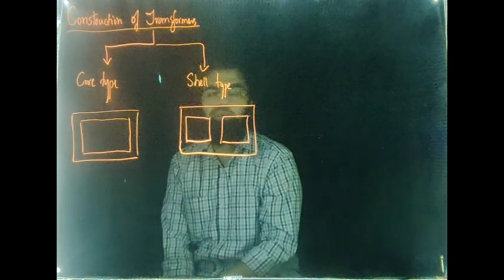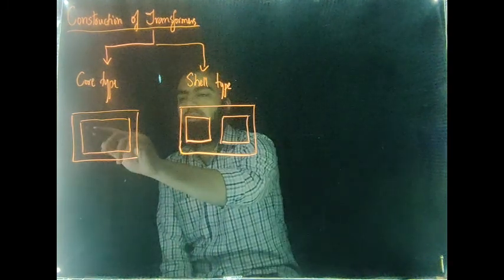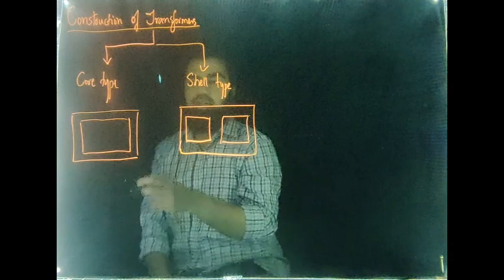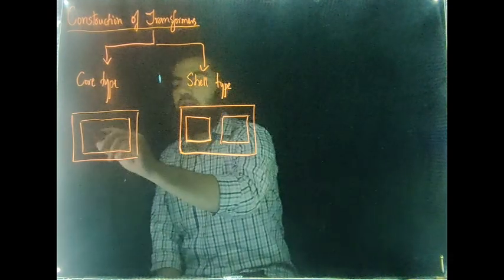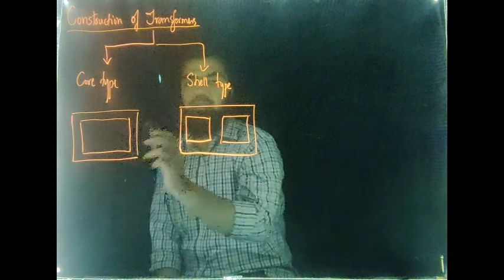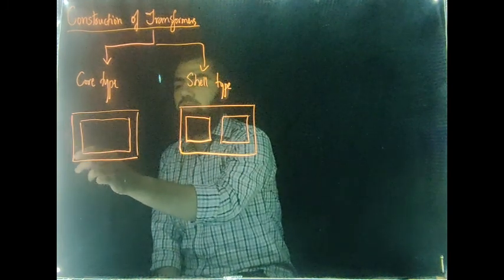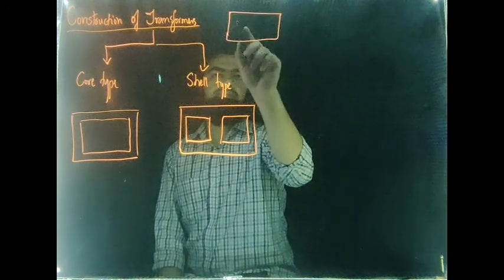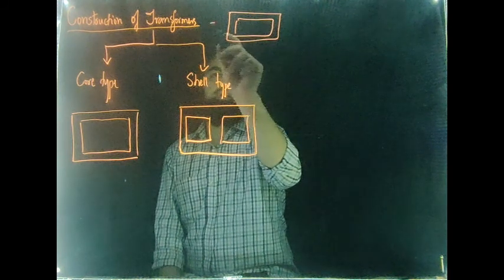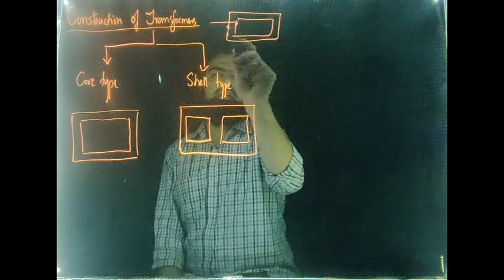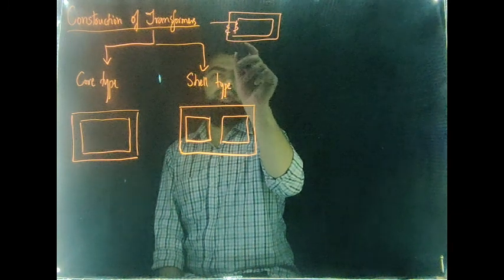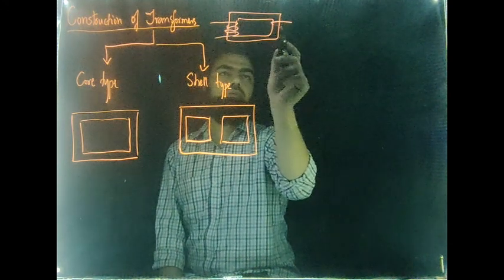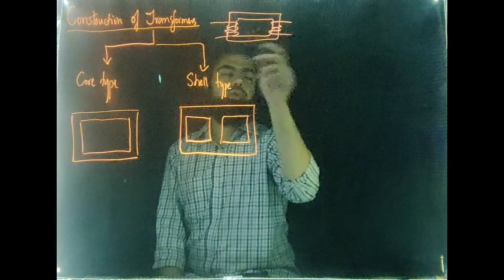Now, in the case of a core type transformer, I will not be referring to the primary winding and the secondary winding. I will be referring to these windings as the low voltage winding and the high voltage winding. If we take a simple core, the windings are wound around the core of the transformer.